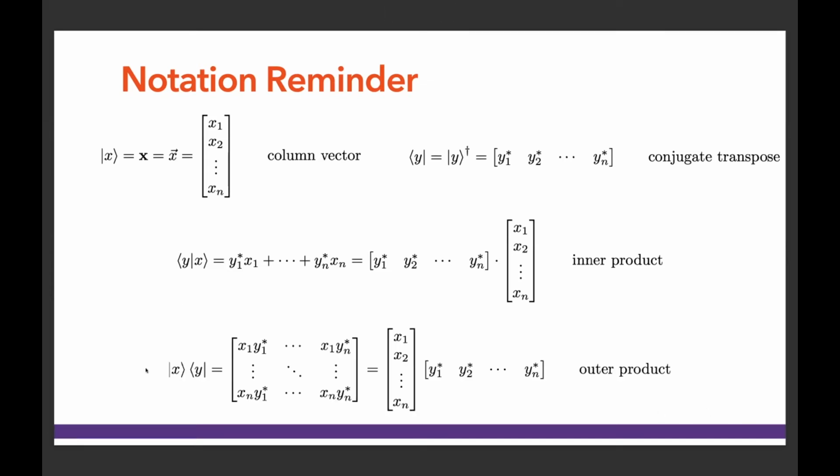An outer product is written as ket X bra y. Again, this is just standard linear algebra, the standard outer product, which gives you a matrix of size length of X by length of Y. This is the Dirac notation. It is no different than making X boldface or putting an arrow over X. So if you see it for the first time, don't be confused. All you need to remember is that if the arrow points to the right, it's a column. If it points to the left, it's a row.